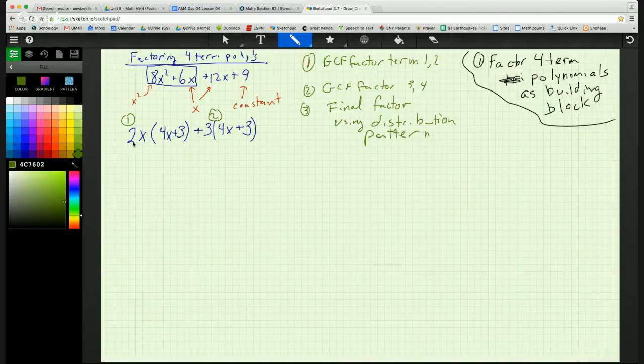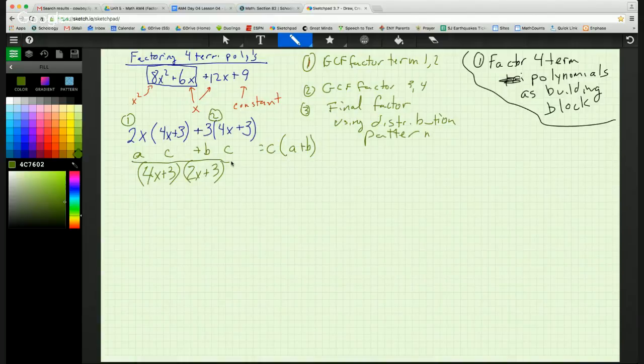So in this case, this is kind of like A times C plus B times C, and we're going to say that equals C times A plus B. Okay, so my C in this case is 4x plus 3, and my A plus B is 2x plus 3.